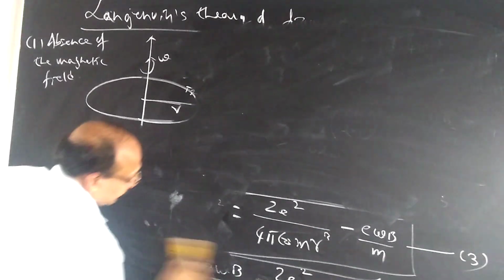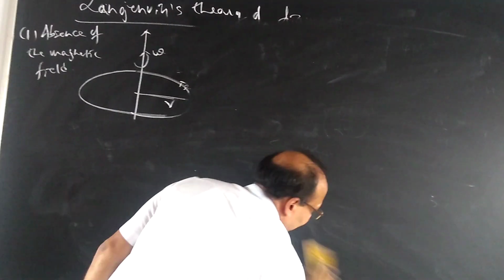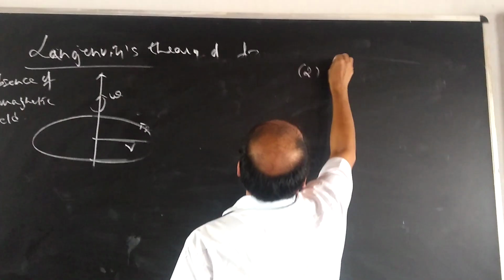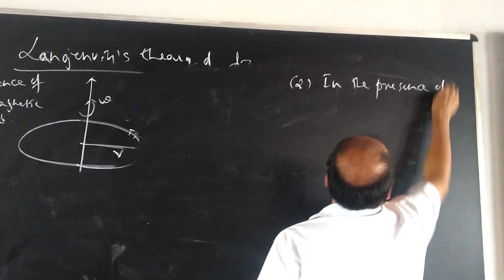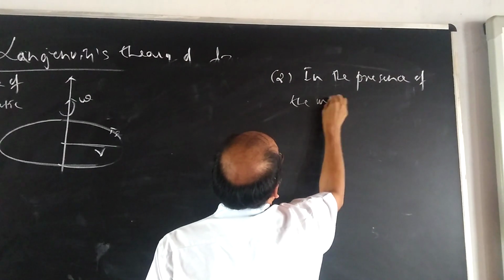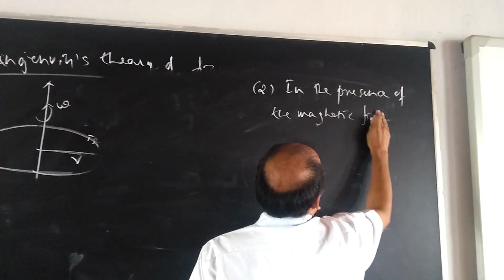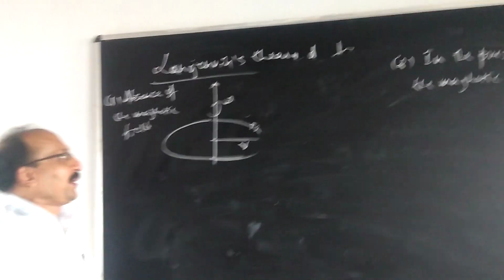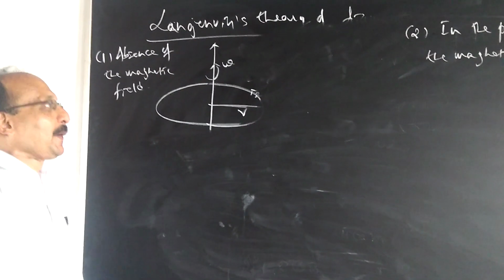Let us examine that. So the second condition in Langevin's theory is in the presence of the magnetic field. So what happens actually? Magnetic polarization takes place so that the net dipole magnetic moment is observed. But two important cases will take place here.